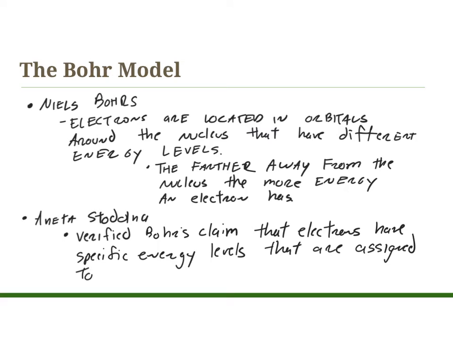And when I say assigned to, I mean like when you have an electron around the nucleus of the atom, that particular electron usually shows up in the first energy level, and it always lives in the first energy level until it gets excited. And then an electron in the third energy level kind of always lives in the third energy level until it gets excited. And we'll talk more about what happens with excited electrons later.